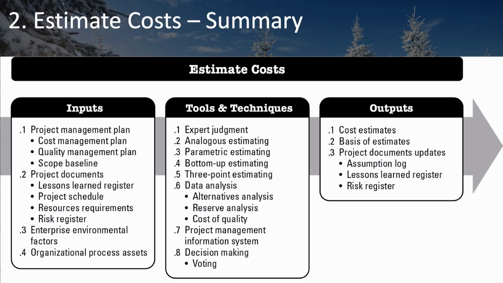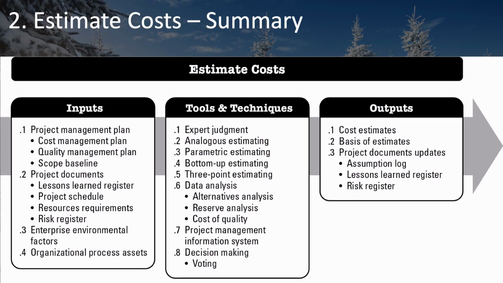Then, as inputs, you have as main inputs your cost management plan, your quality management plan, because these provide guidance on how to do your cost planning and management, including your quality processes that will introduce some costs, and your scope baseline so that you have the details of what you're trying to accomplish.